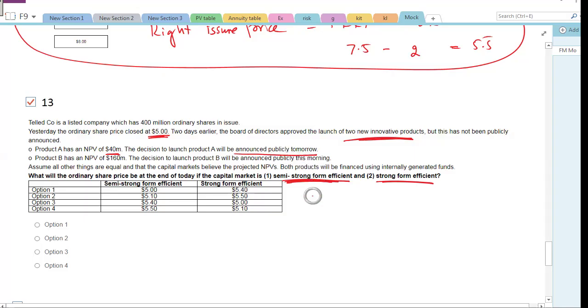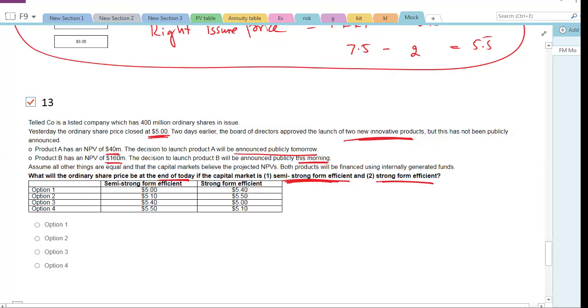Because it will be announced tomorrow, we want to see what will be the price today. Product B has an NPV of 160 million. The decision to launch product B will be announced publicly this morning. Remember, we want to see what will be the share price at the end of today. So if it is announced in the morning, then of course, this will be reflected in the share price today, okay?